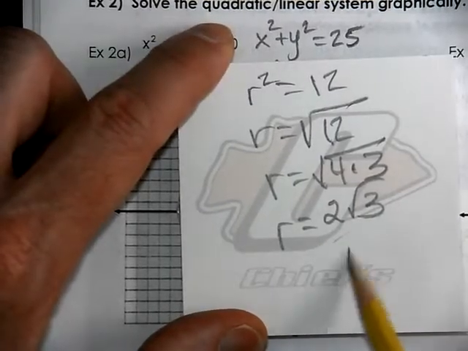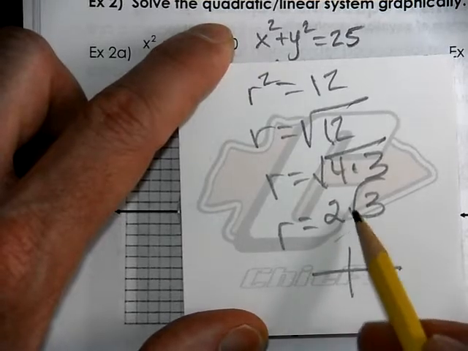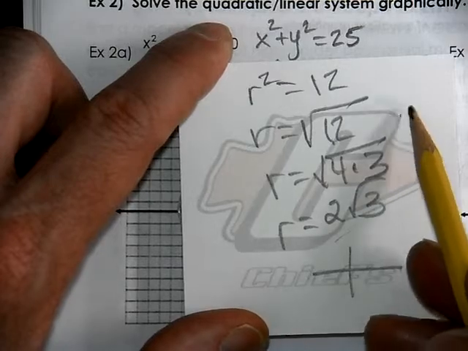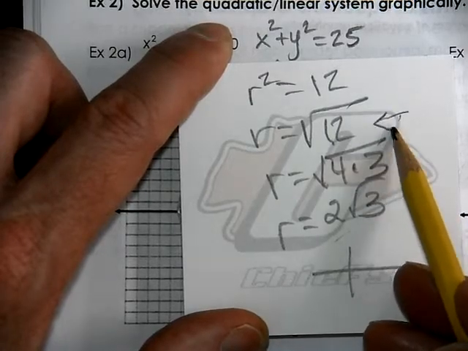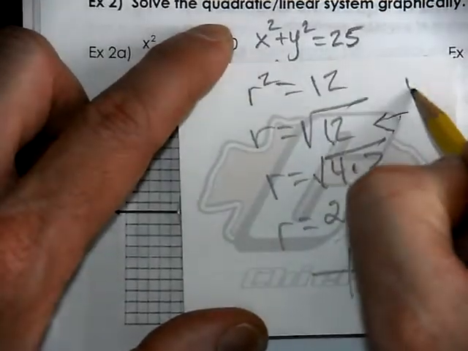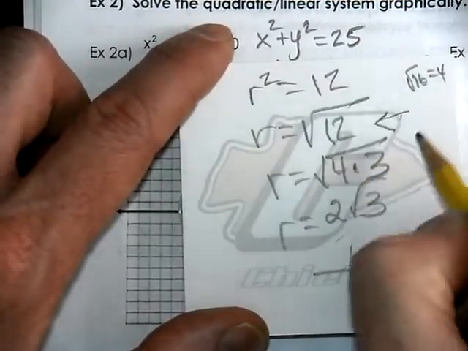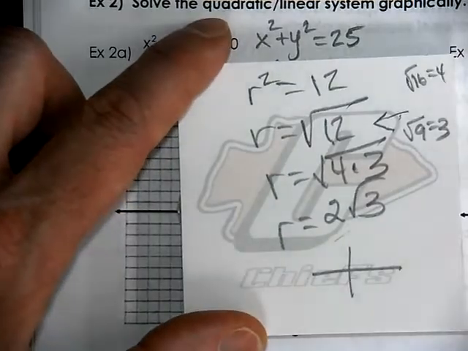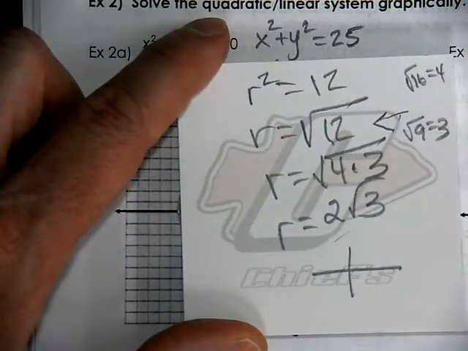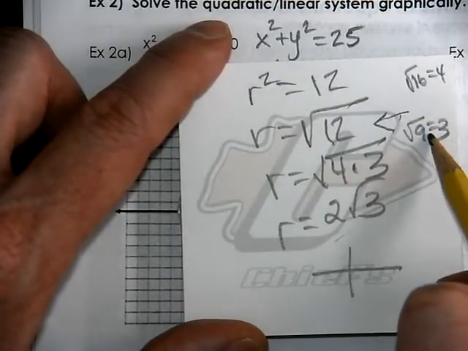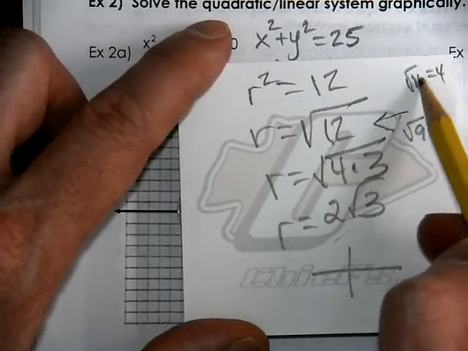Now to graph that, what is the value in terms of a distance? It's easier to come up to here to determine what the approximated value is. We know the square root of 16 would be 4, and the square root of 9 is 3. So the square root of 12 is actually a little bit closer to 9 than it is up to 16.